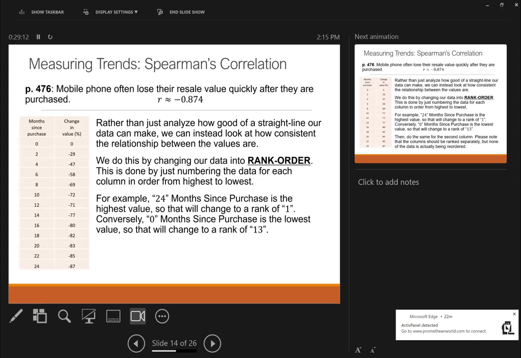So for example, 24 is the highest amount, so that gets rank 1. 22 would get rank 2, and so on and so forth, all the way down to 0 getting rank 13, because I had 13 total data points.